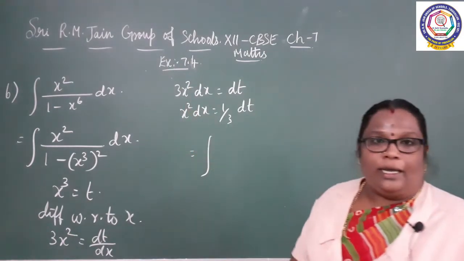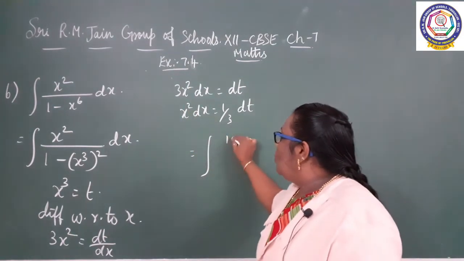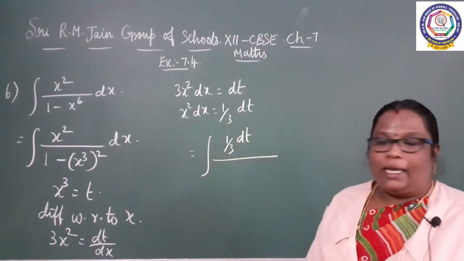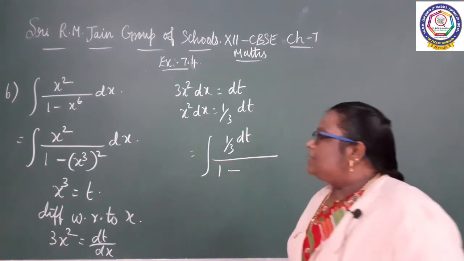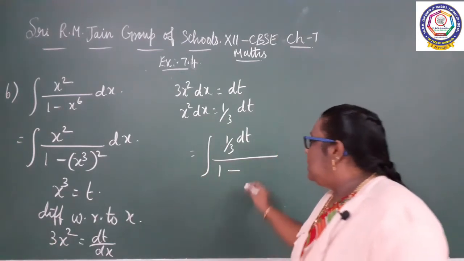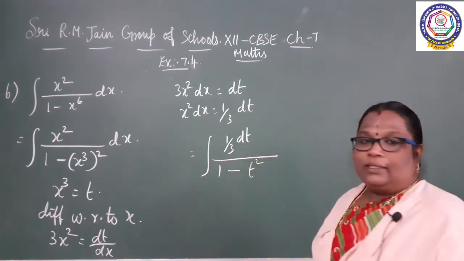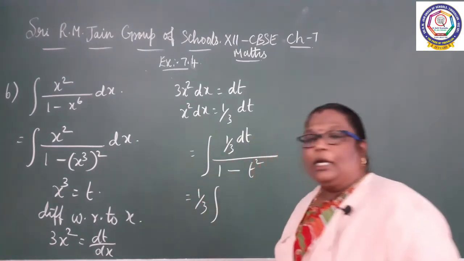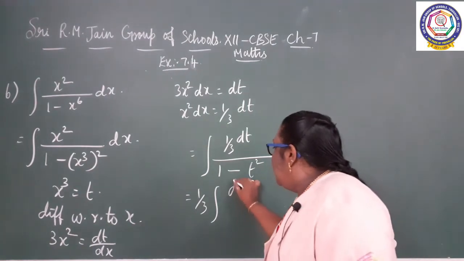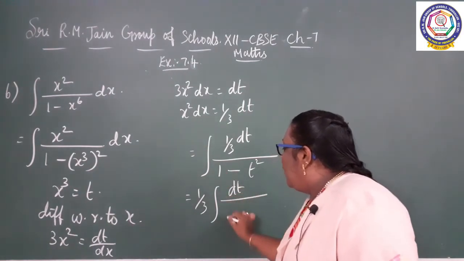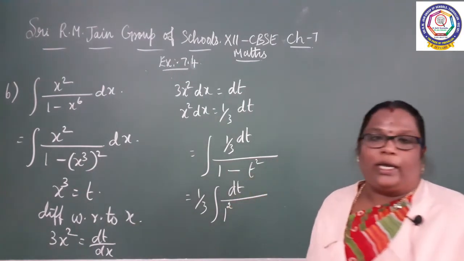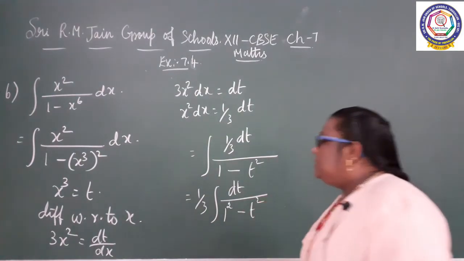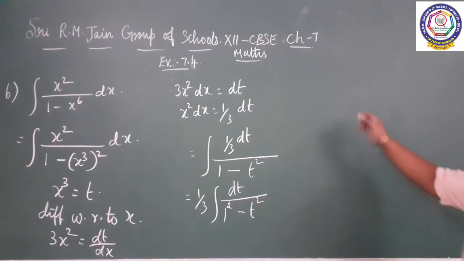x square dx is 1 by 3 dt by 1 minus what is x cube value? t square. It is a constant, so you can take it out. 1 by 3 into integral dt by 1 you can write as 1 square, 1 square minus t square. So what is the formula?